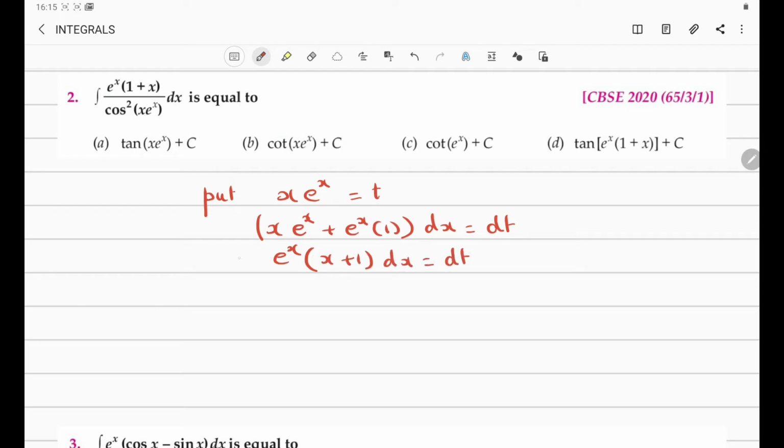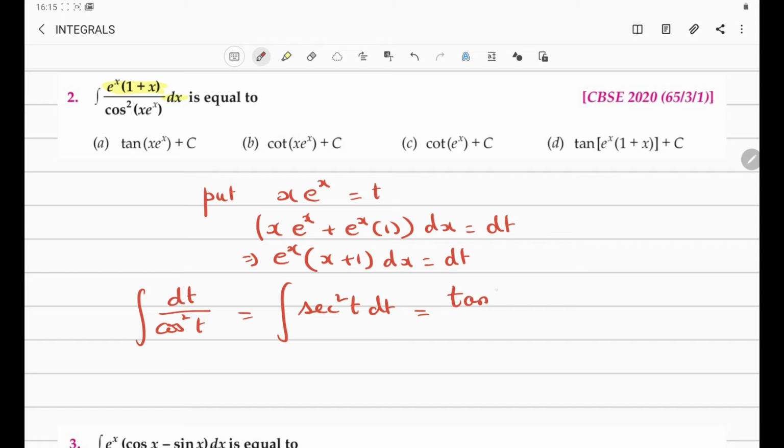So the numerator we could observe is e power x into 1 plus x dx. So this whole thing into dx can be replaced by dt. So we get this as dt divided by cos square of x e power x, which can be written as cos square t, that is integral of secant square t dt, and integral of secant square t is tan t.